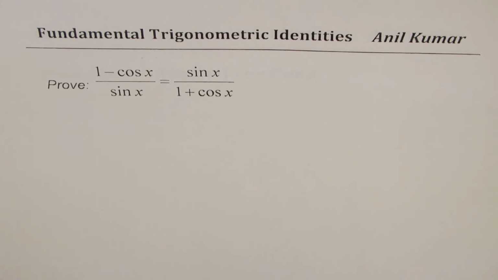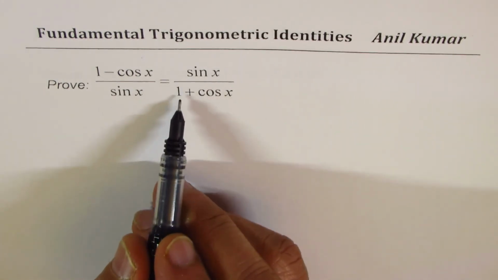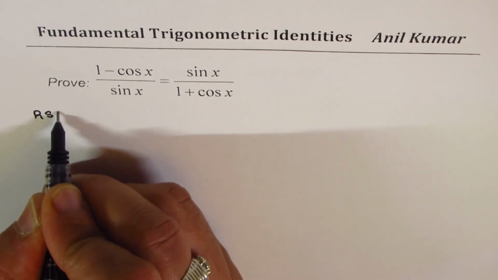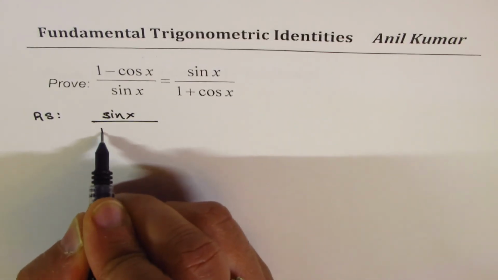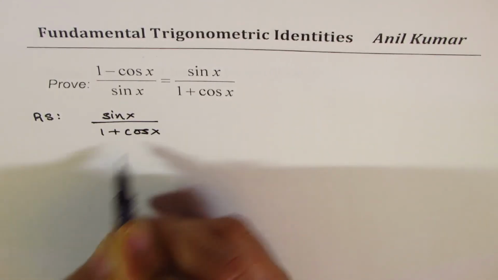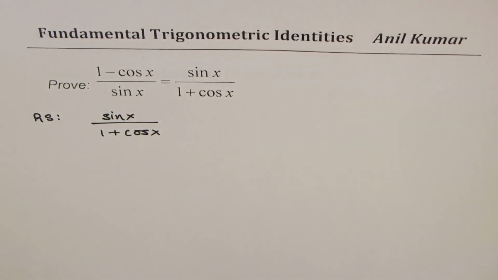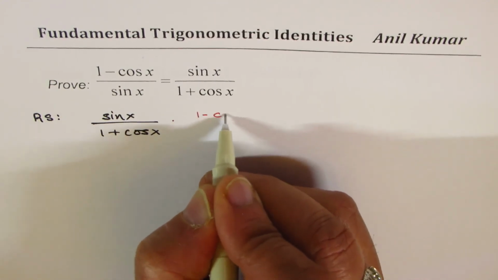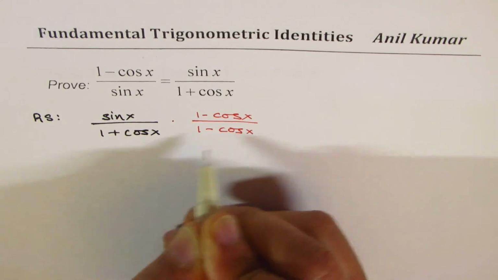Here is another example. We have 1 minus cos x divided by sin x equals to sin x over 1 plus cos x. So let's begin from the right side this time. We have sin x in the right side over 1 plus cos x. Since I need 1 minus cos x, let me multiply by 1, which is 1 minus cos x over 1 minus cos x. Do you see that?